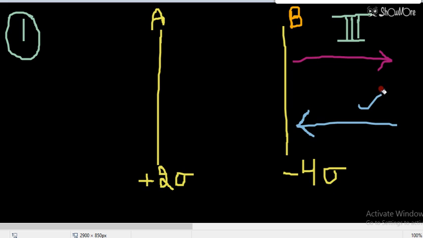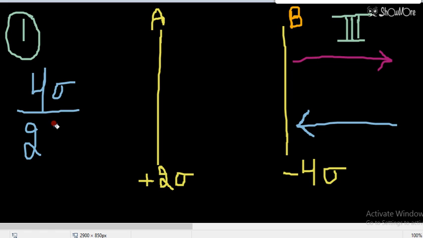Obviously the electric field due to sheet B is greater because it has more density. So we get the resultant as 4 sigma by 2 epsilon naught minus 2 sigma by 2 epsilon naught.